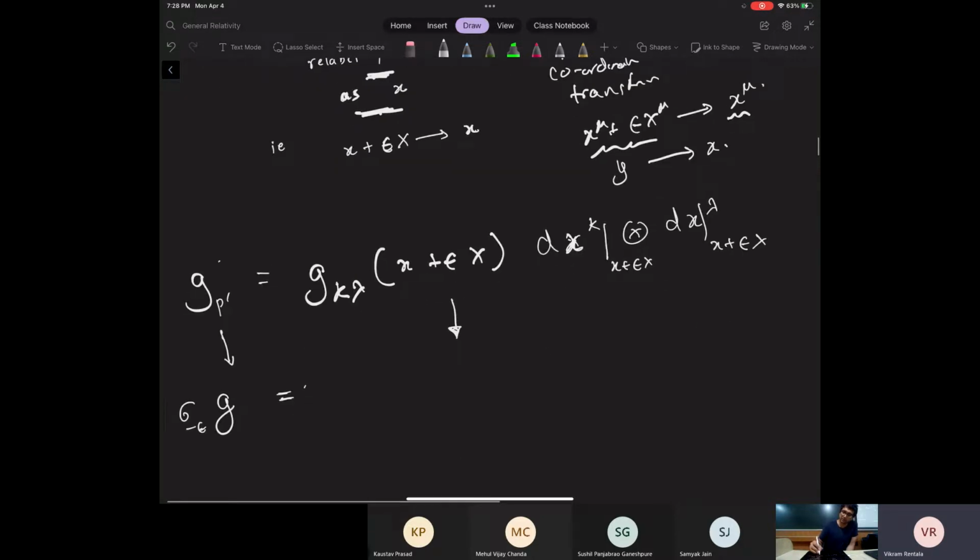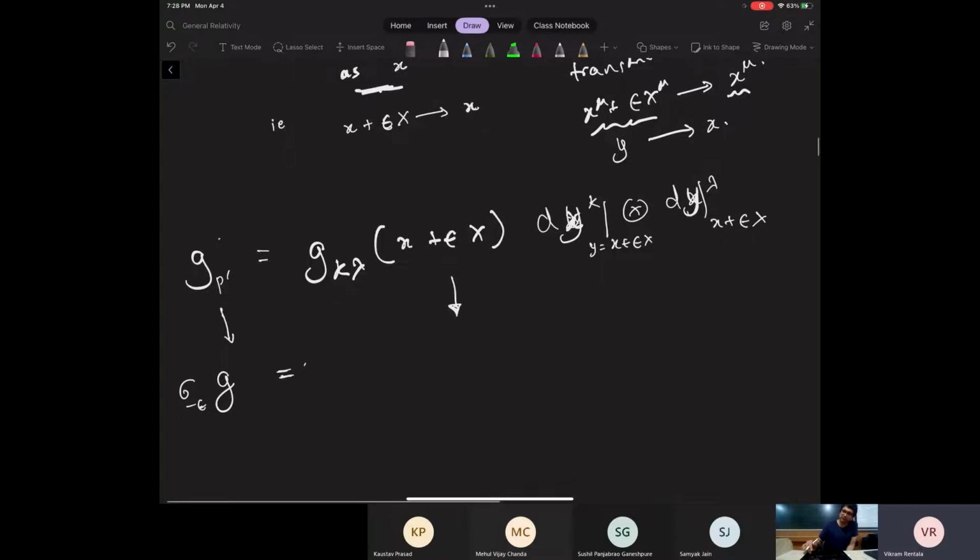If I define this as y, and this as partial y, we are saying let's transform these components.